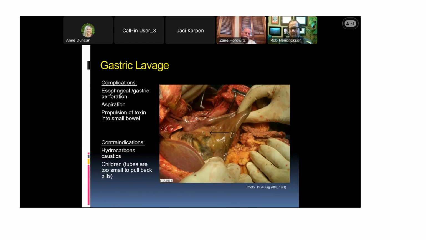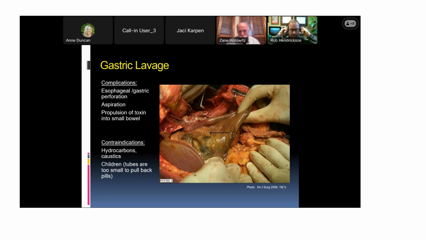And this was, by the way, not a gastric lavage. This was a feeding tube, but I thought it was kind of a cool picture. You also with lavage can push the stomach contents through the pylorus into the duodenum, and so that might be problematic as well.